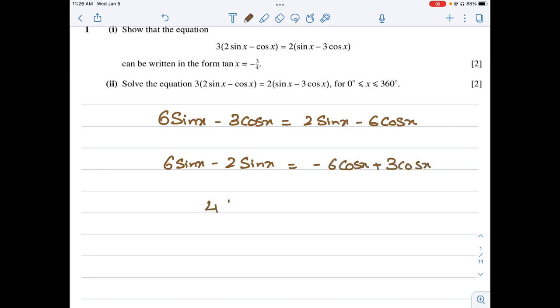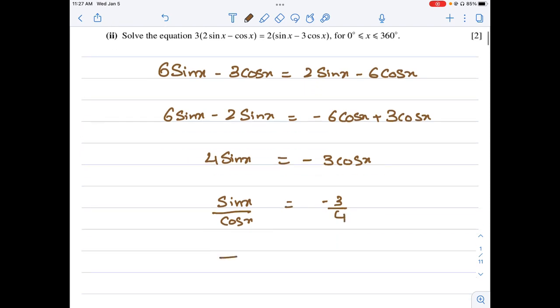So it becomes 4 sin x is equal to minus 3 cos x. So sin x upon cos x equals negative 3 upon 4. So I get that one. Tan x is equal to negative 3 upon 4.